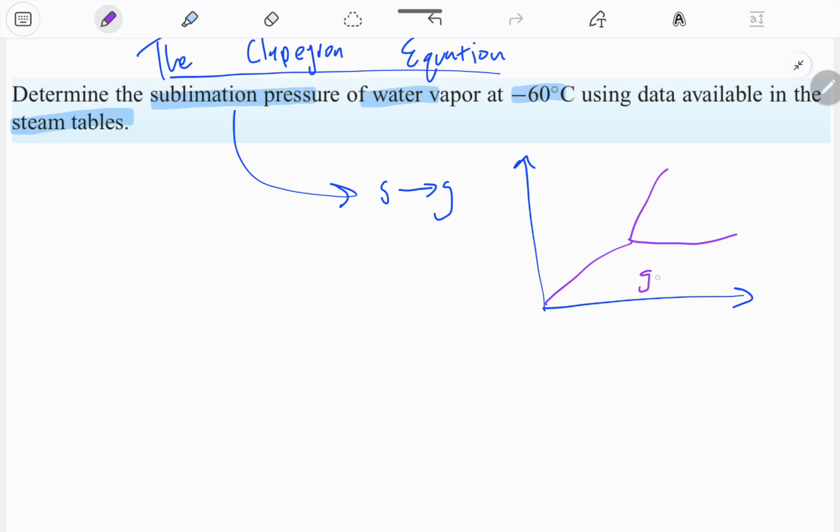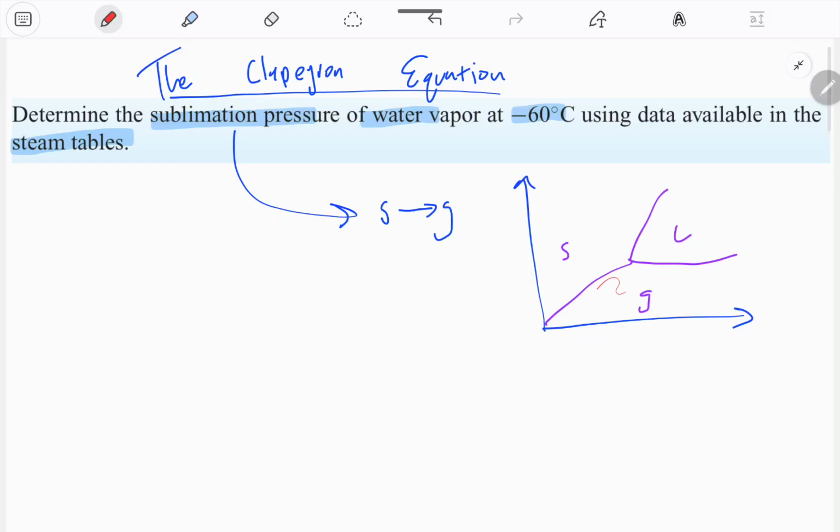We have gas here, solid here, and liquid here. This is pressure, this is temperature. We want this point to be negative 60 degrees Celsius, so we're trying to find what our P is for this sublimation.